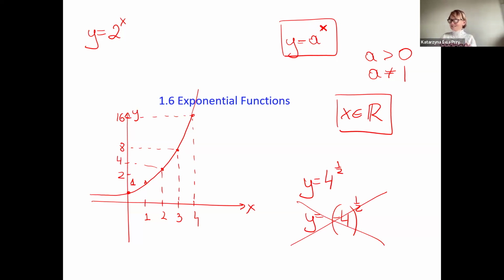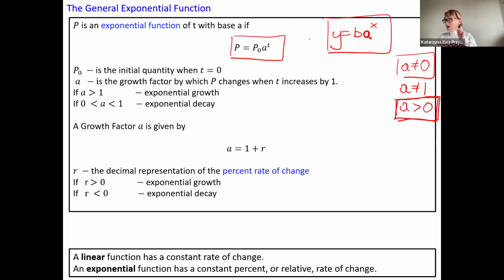Okay, just the review. Let's do some application. This is the general function. If that base is greater than 1, we always have this growth, like what I drew, 2 to the x, for instance.